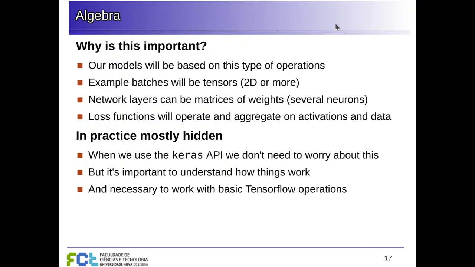So that would be the idea here for today. We're going to start with these simple elements, create some very rudimentary networks just by using these operations, and understand how TensorFlow is working. And then we're going to use Keras to move on to more sophisticated architectures.